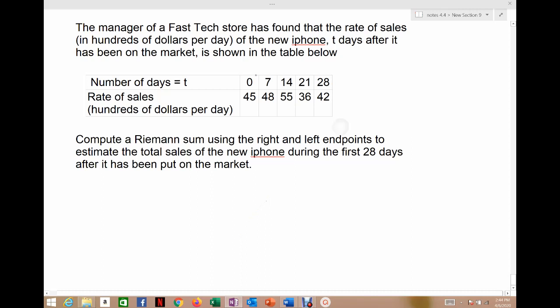All right, so first of all, when I draw my rectangles, I draw it between my values. So those are really 0 to 7, 7 to 14, 14 to 21, 21 to 28. And so the distance between them, the width, which is my change in time, is 7. So each of my rectangles has a width of 7 units.